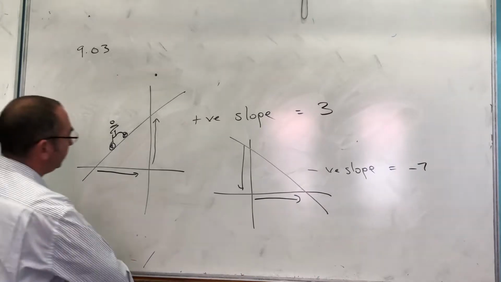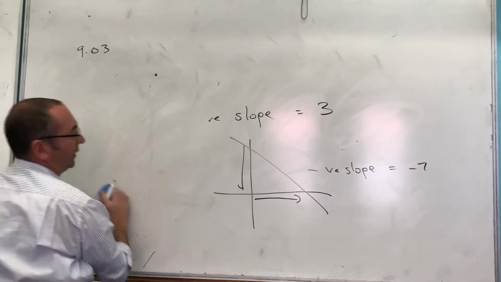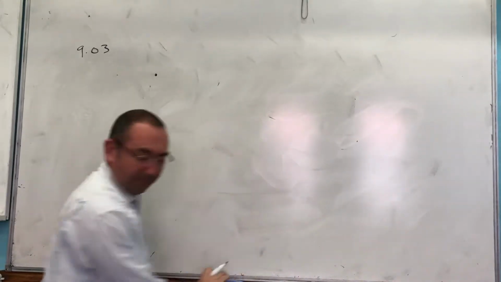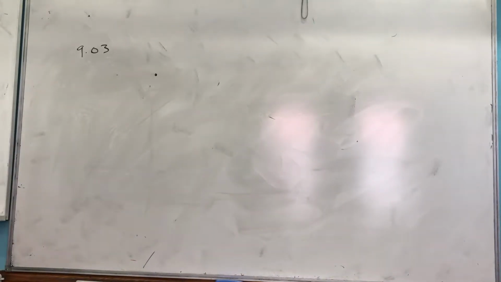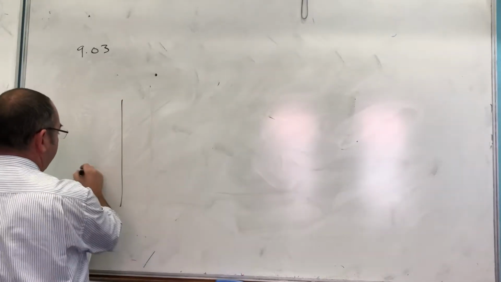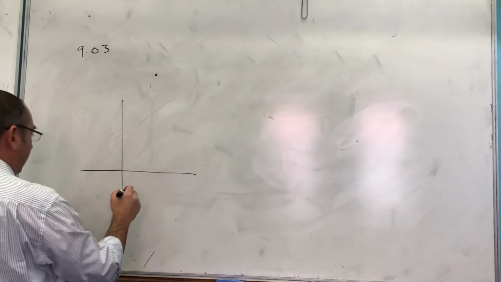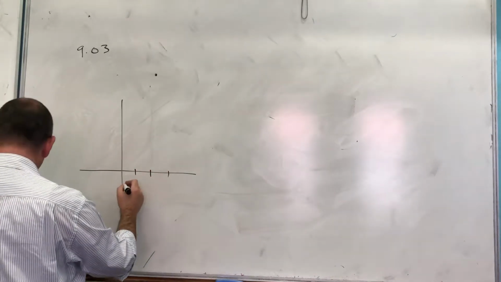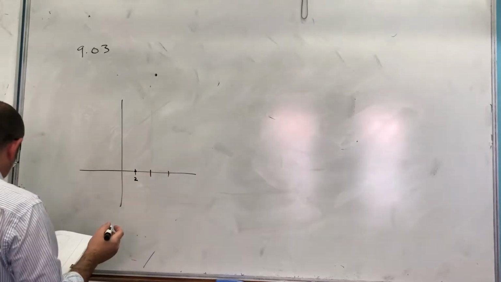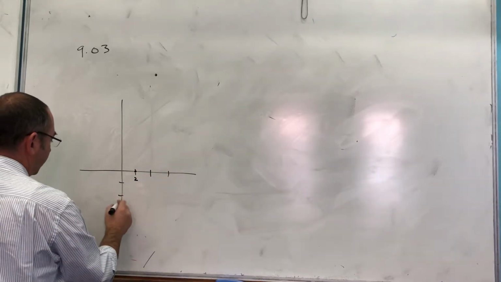Excuse me. All right, let's see how quickly I can draw up these graphs. So we've got a real graph here. It looks like that. 2, 4, 6. It is crossing there at that point 2. -2, -4.